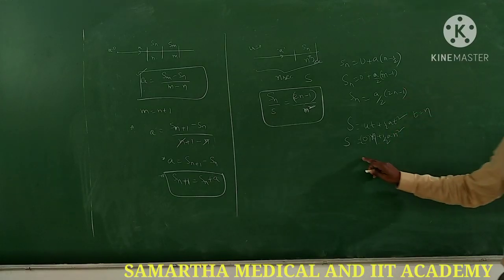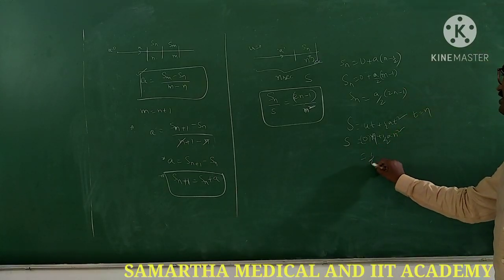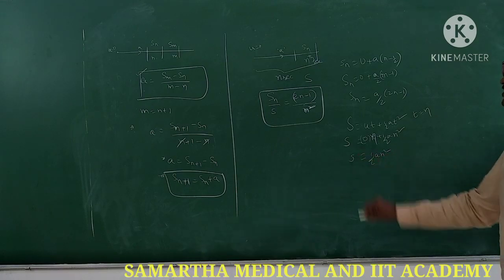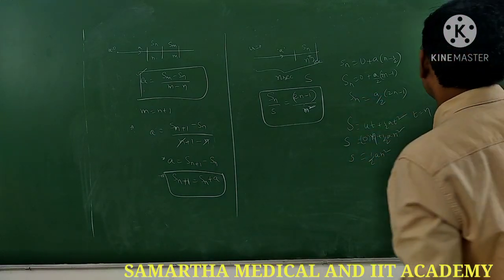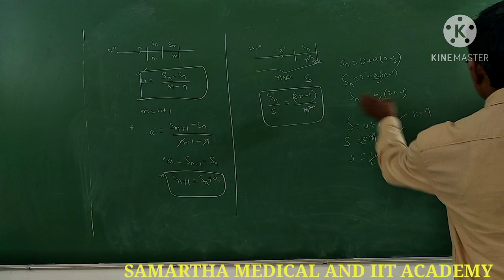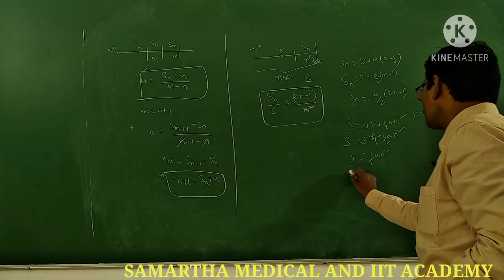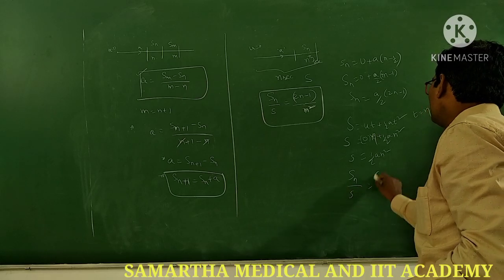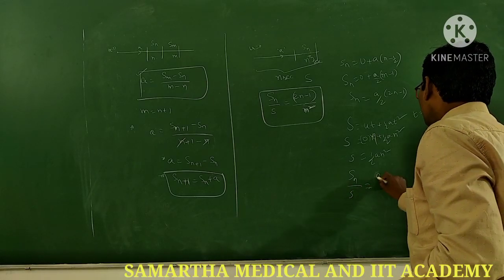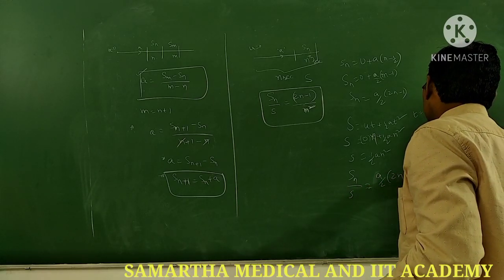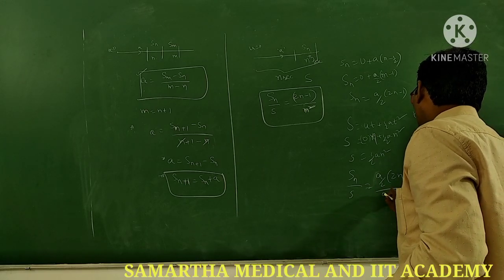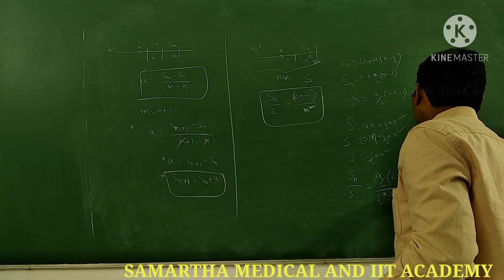Then the ratio, half a n square is S. So the fraction of distance covered in the nth second means the distance covered in the nth second to the total distance in those n seconds. So Sn by S is equal to what? A by 2 into 2n minus 1 by half a n square.